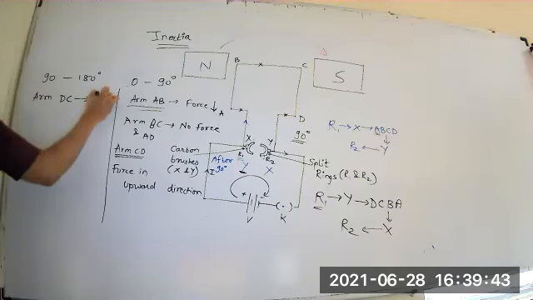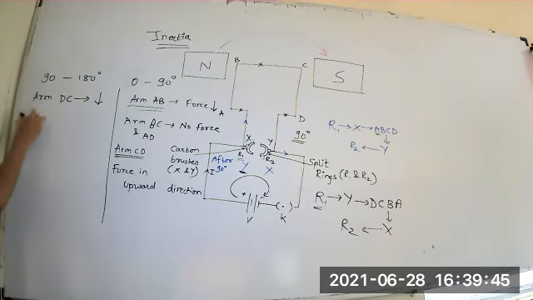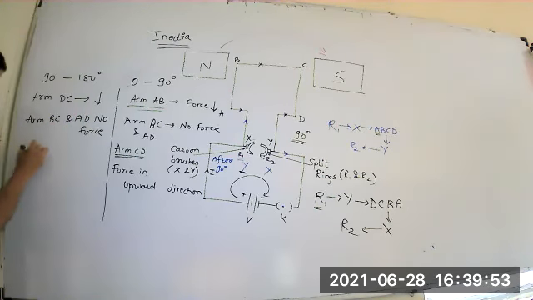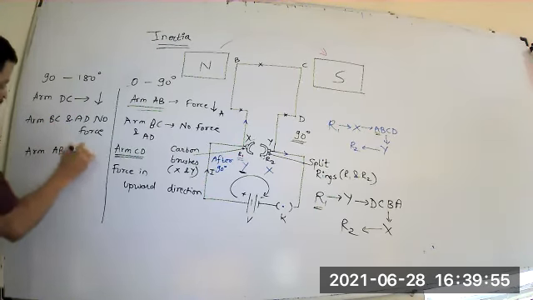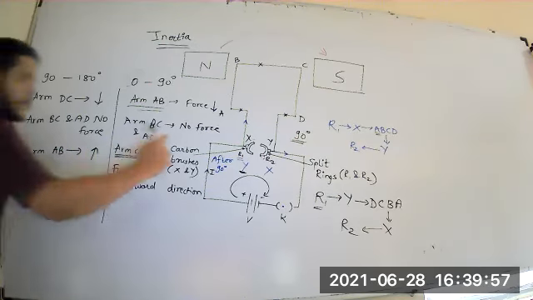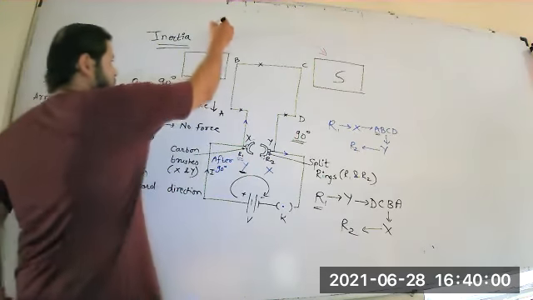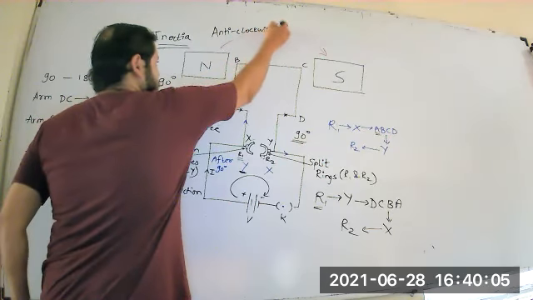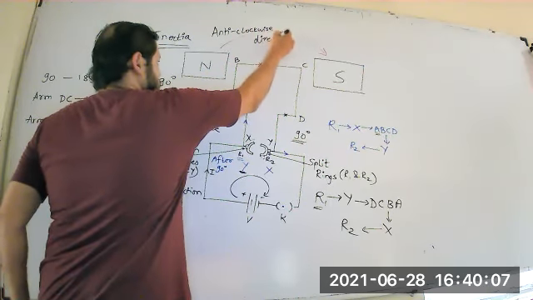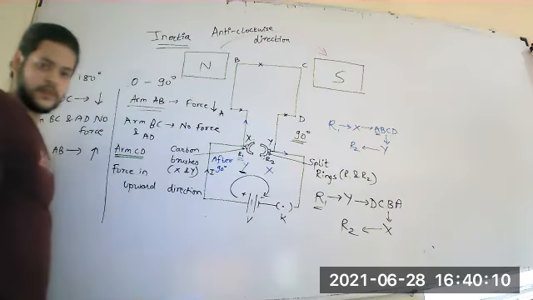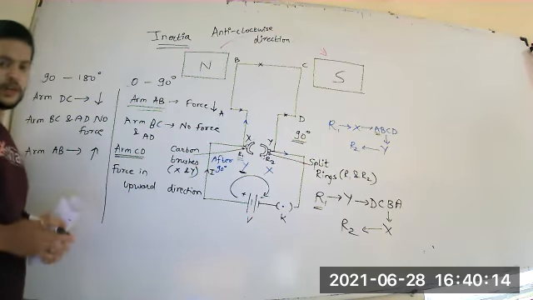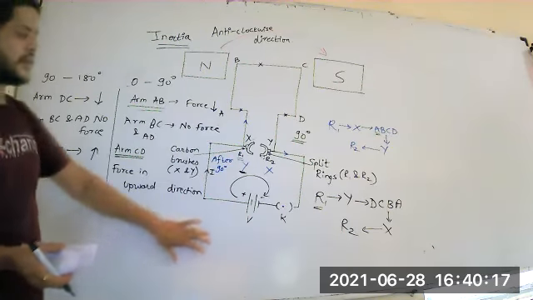DC goes downwards again, arm BC and AD have no force, and arm AB goes upwards, so your motor keeps on rotating in anti-clockwise direction. So this is how our electric motor works using Fleming's left hand rule.